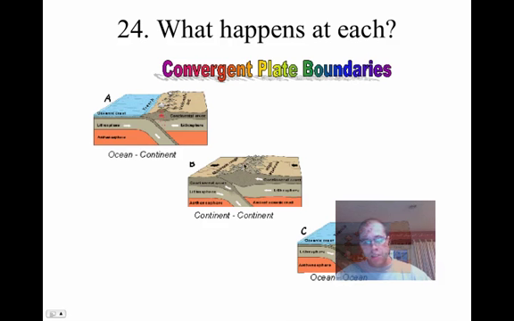Mountain forming at its greatest. The Himalayas is our best example on Earth. This very, very tall mountain chain formed as India slammed into Asia and continues to do so. The Himalayas continue to get taller. We then have ocean to ocean, where we have this little subduction zone, which forms a trench always, and we're seeing this island arc down here in C being formed because of the volcanism created by subduction.